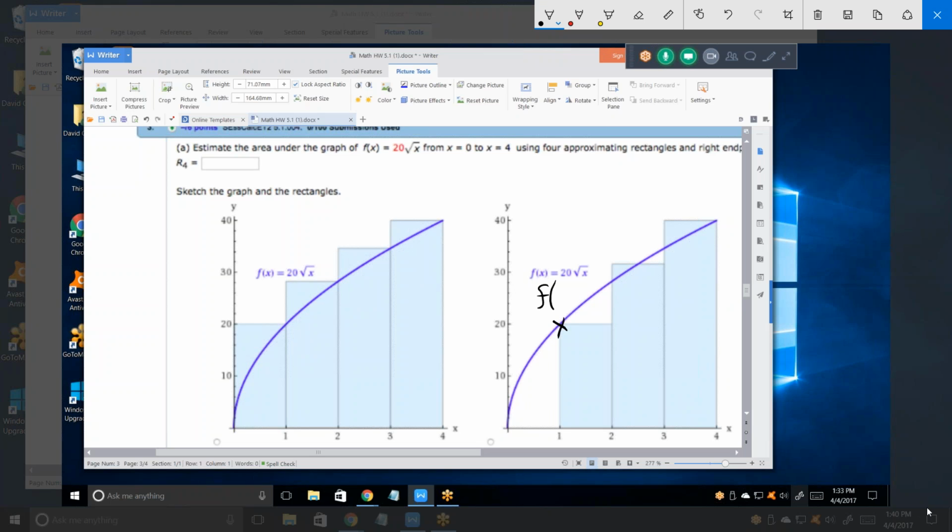On the y-axis. It's still f of 1. What's this point? f of 2.5. Good. And what's this point? f of 4. Yeah, and by that I mean that's its value. That's f of 1, that's f of 2.5, that's f of 4.